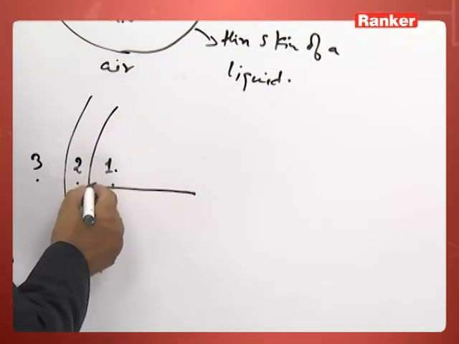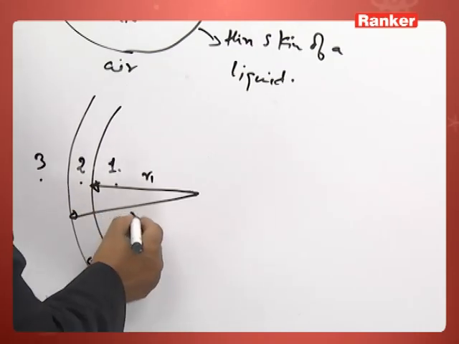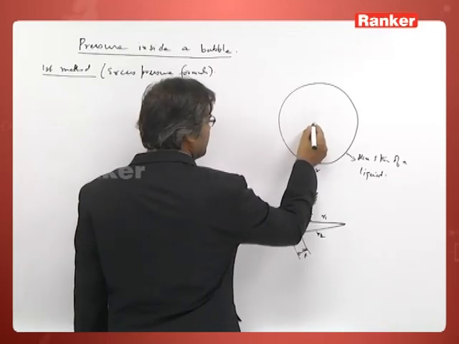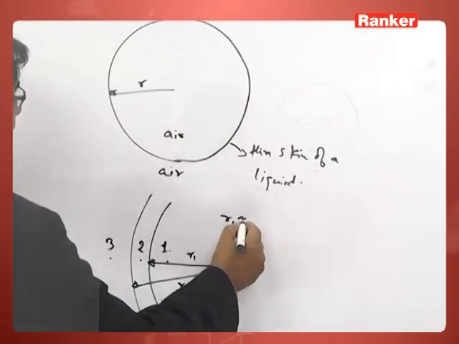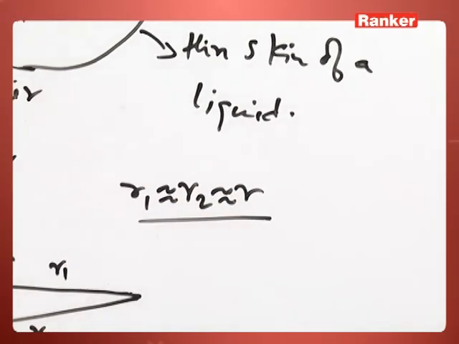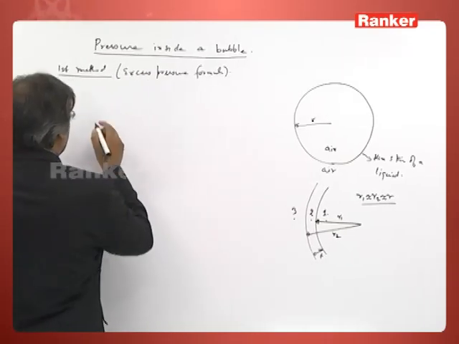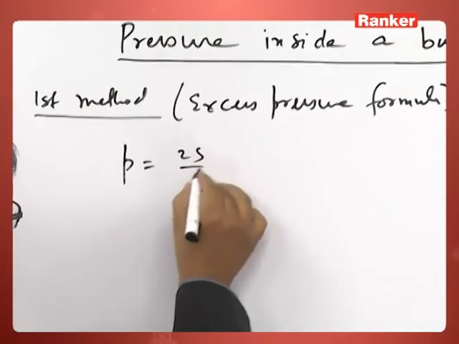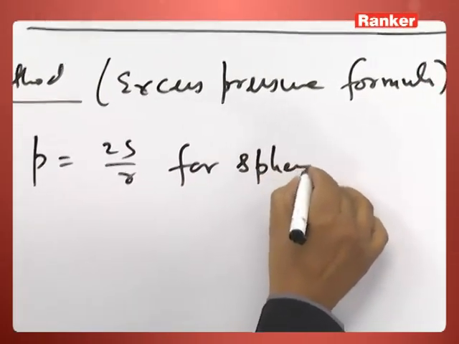Suppose this surface has a radius R1 and this surface has a radius R2, such that if I say this is R, then R1 is equal to R2 is equal to R. So, this thickness t is very small. Now we have the excess pressure formula 2S by R for a spherical surface.